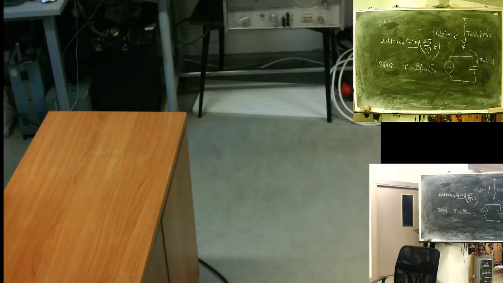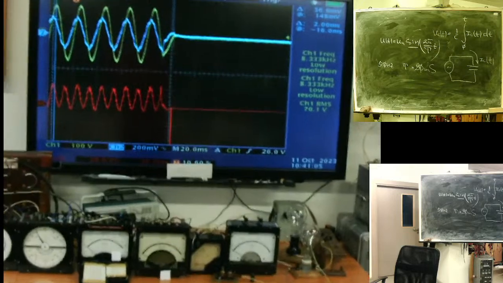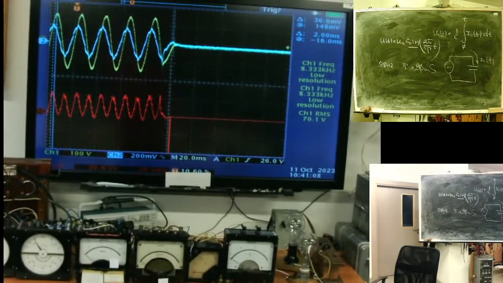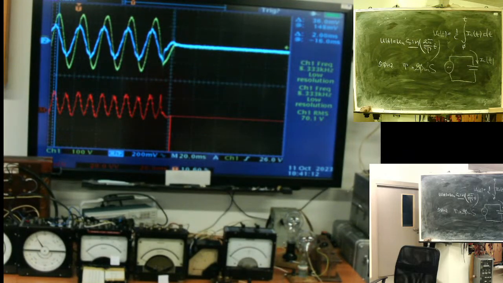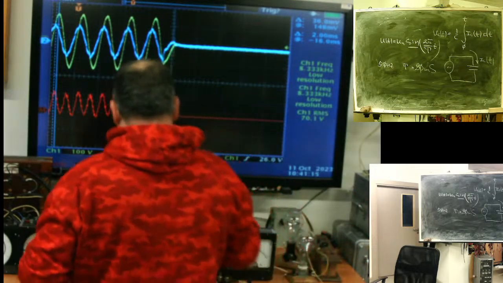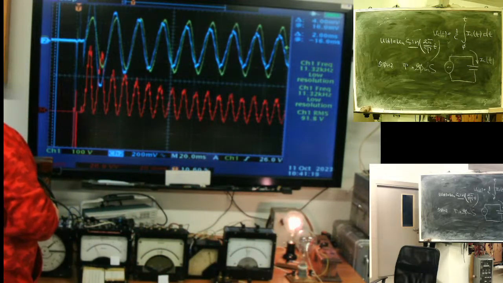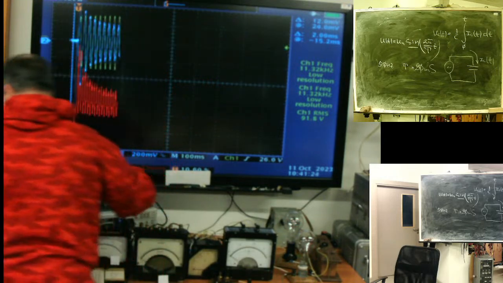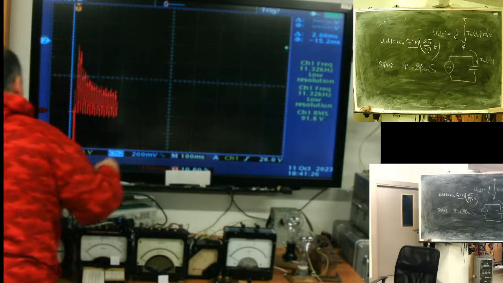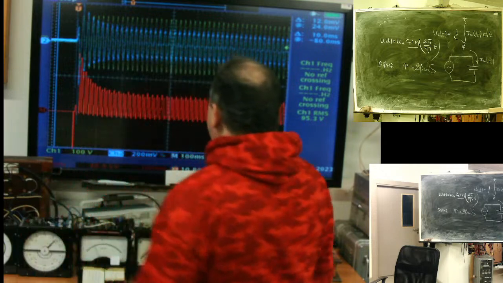One second. I will bring my camera into some kind of normal position. I will compress time. Here we see the inrush regime.